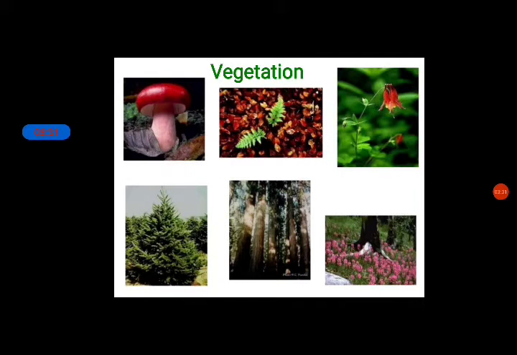Students, in these regions, the vegetation is adapted to survive the harsh climate. The trees are evergreen, tall, and straight. They spread out their roots horizontally instead of vertically to overcome the problem of frozen subsoil in the winter.